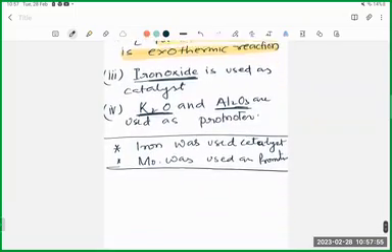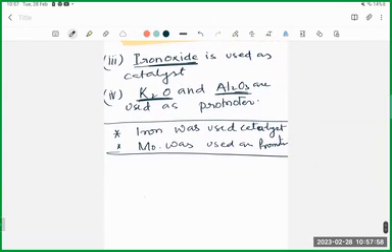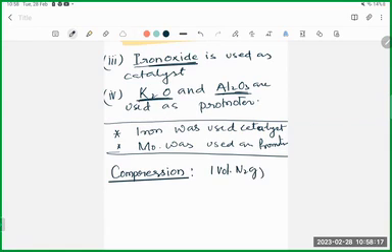Let me teach you in a simple three-step process how the reaction takes place. The gases will be sent to the compression chamber. So compression first, and in the compression we take one volume of nitrogen gas and three volumes of hydrogen gas in a compression chamber at high pressure.